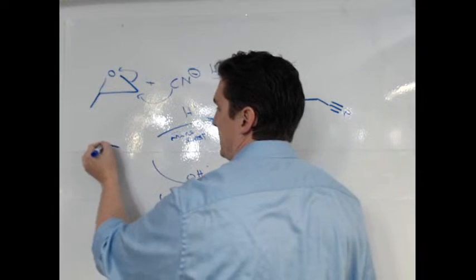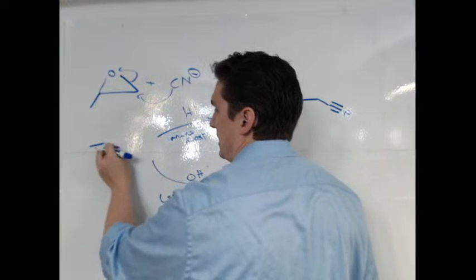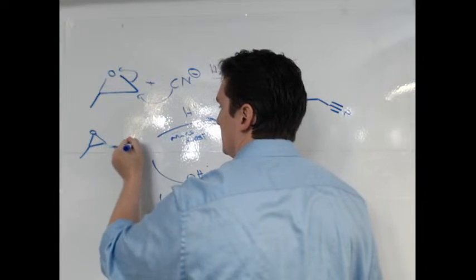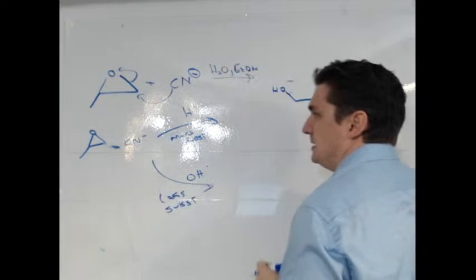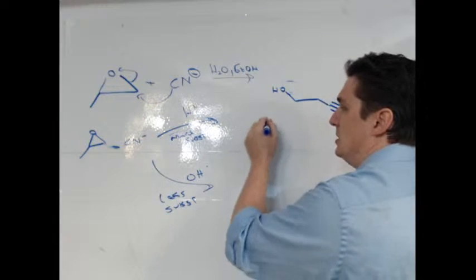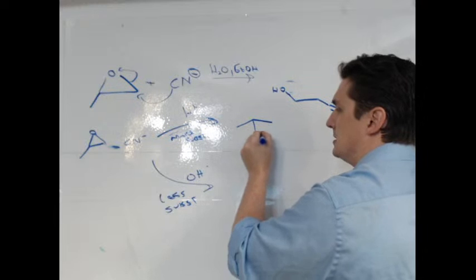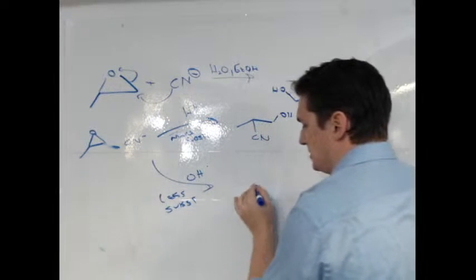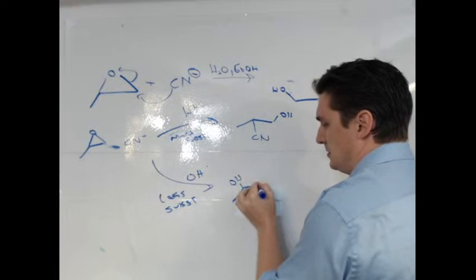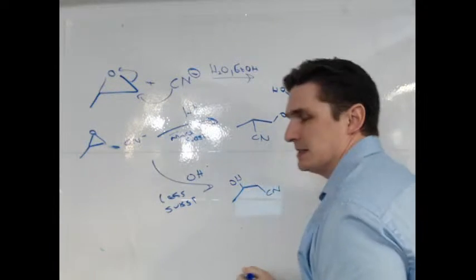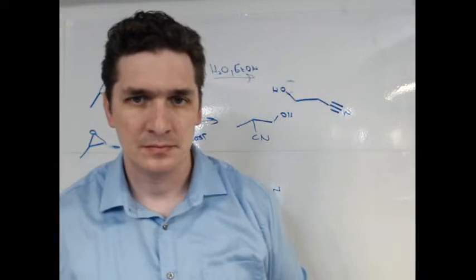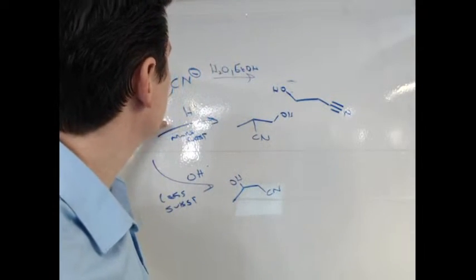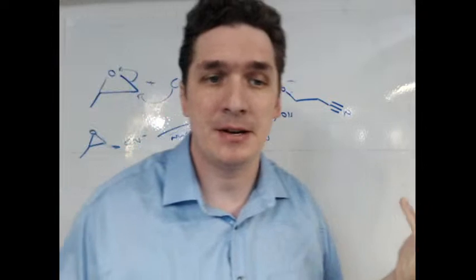So if we had the same reaction, but added a methyl group on one end of our epoxide, under acidic conditions we would get this group, and under basic conditions, we would get this compound. All the cyanide does is undergo a nucleophilic attack on one of the carbons and open up the epoxide ring.